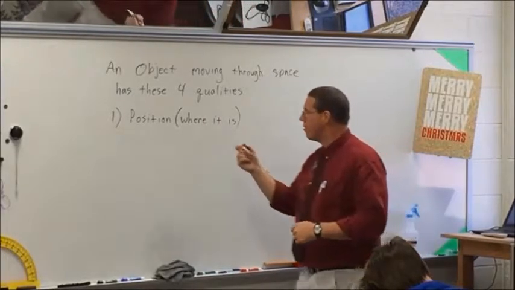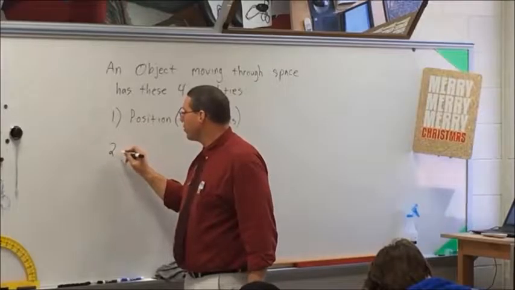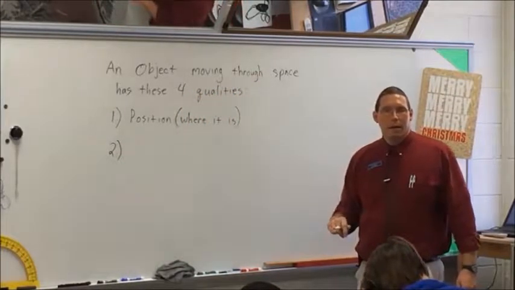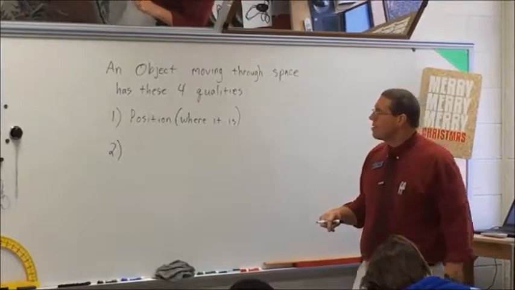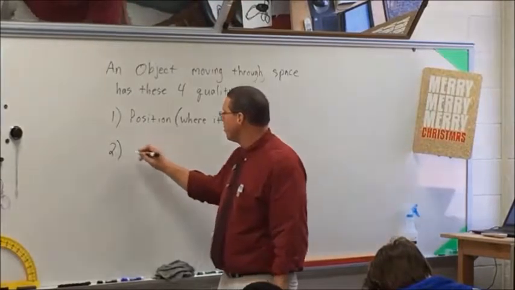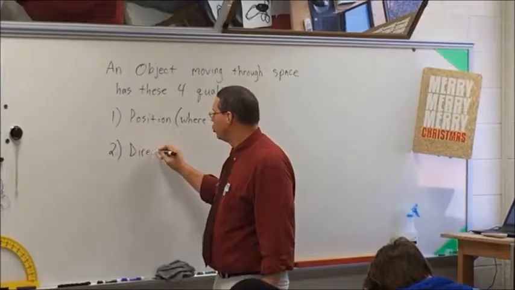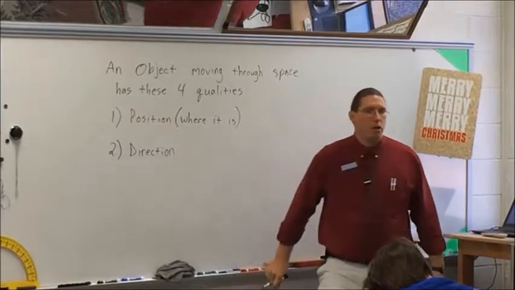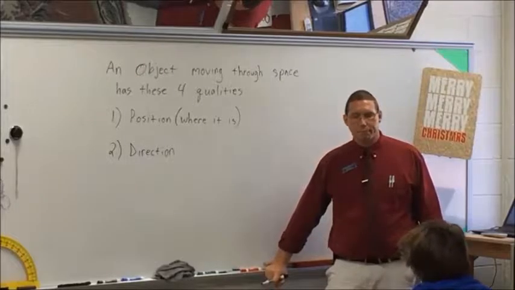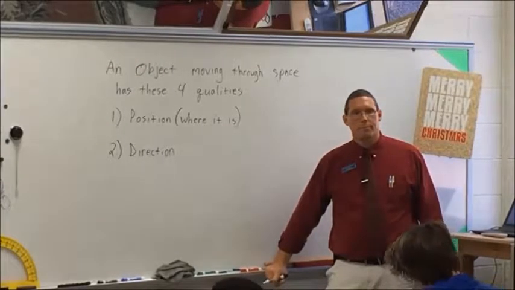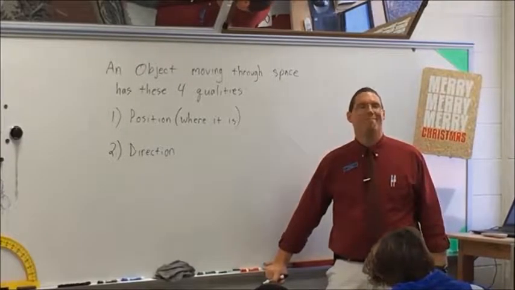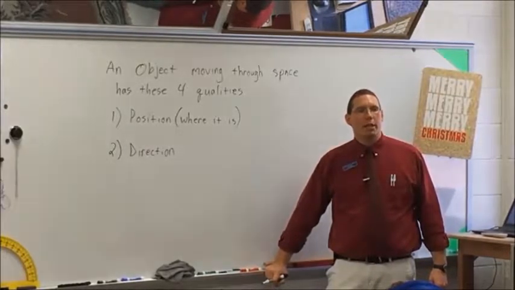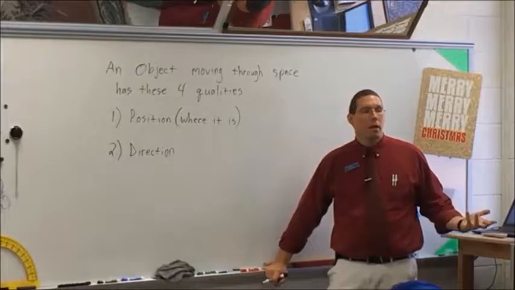Position, where it is. Secondly, the second quality that an object moving through space has is direction. An object moving through space has direction. Right is a direction, as are east and west.